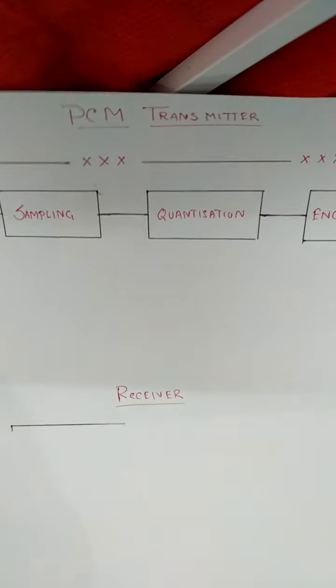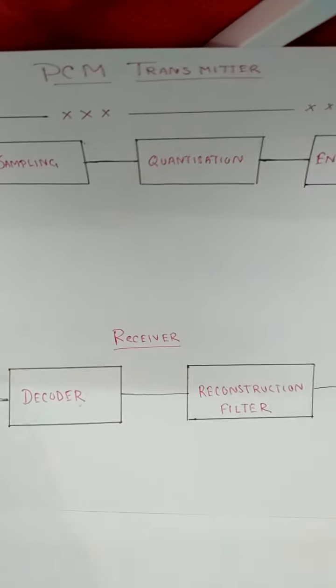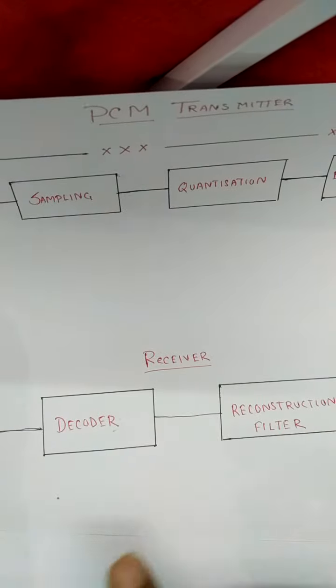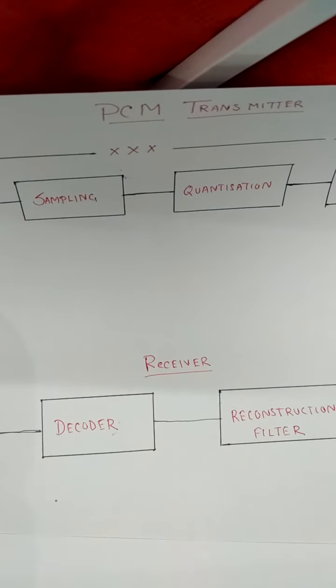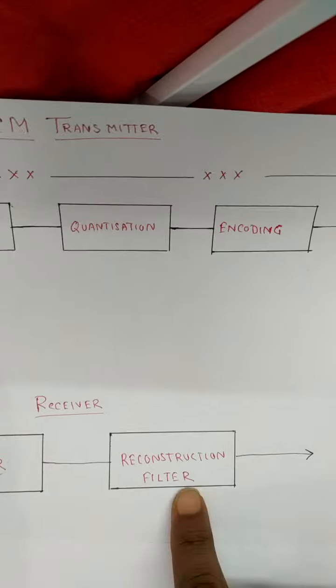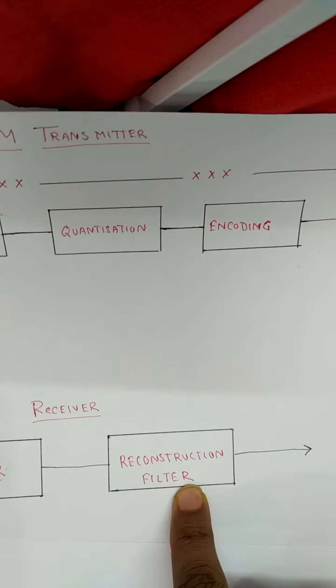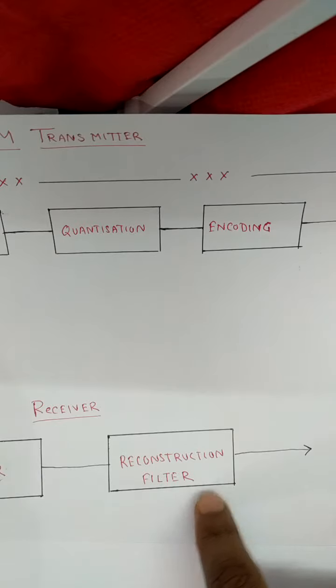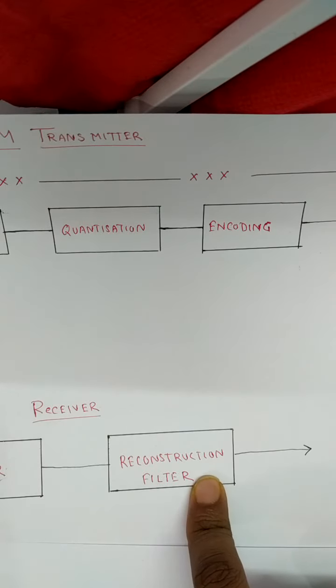Now what happens at the receiver? At the receiver there are only 2 stages. One is decoding, meaning you convert those bits back to quantized levels, and then you have a reconstruction filter, where the discrete time signal is again converted into a continuous time signal.